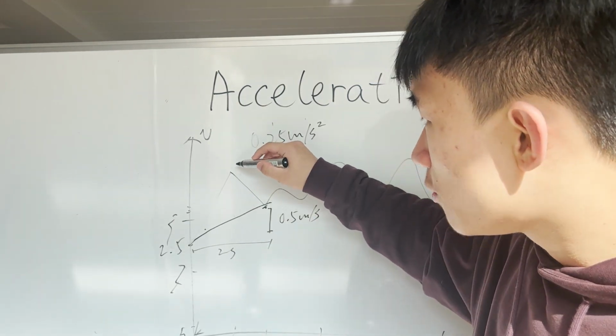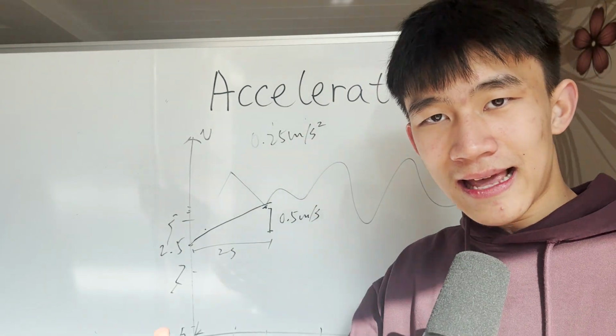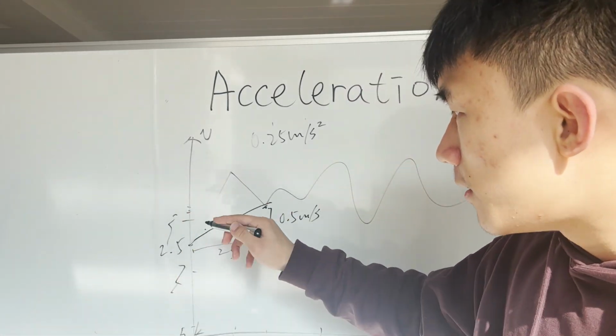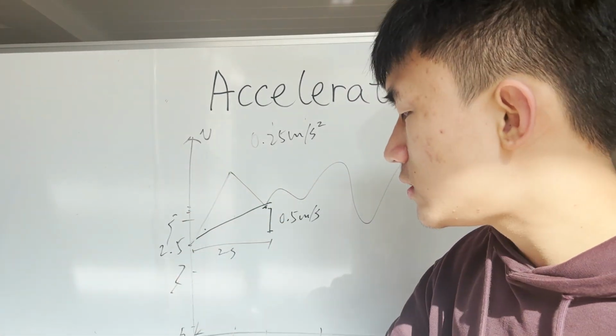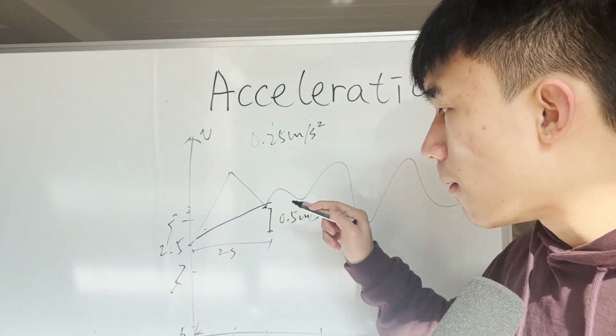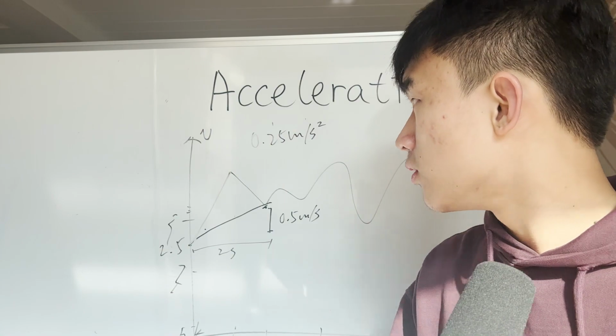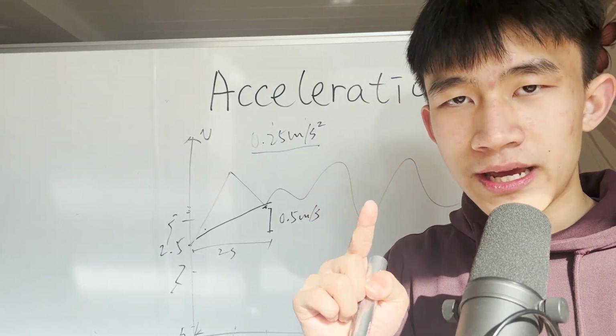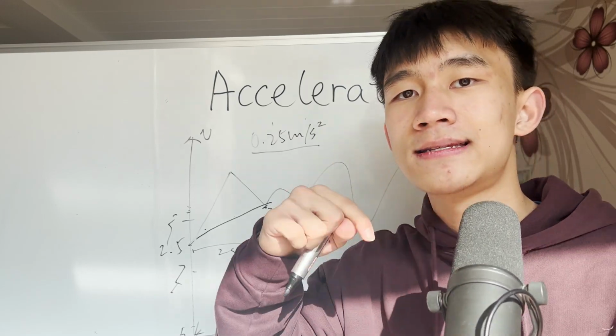And at t equals 1, it started to decelerate. Its acceleration is negative. So the acceleration between t equals 0 and t equals 2 does not always equal 0.25 meters per second squared. It's different. So that's what we're going to introduce, the instantaneous acceleration.